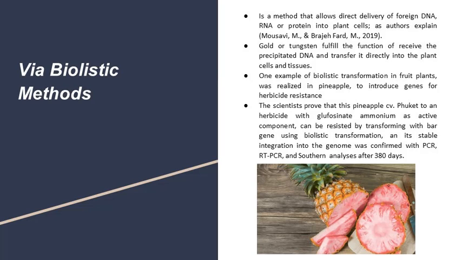In the published results, the scientists proved that this pineapple cultivar can resist an herbicide with glufosinate ammonium as active component by transforming with the BAR gene using biolistic transformation, and its stable integration into the genome was confirmed with PCR, RT-PCR, and Southern analysis after 318 days.